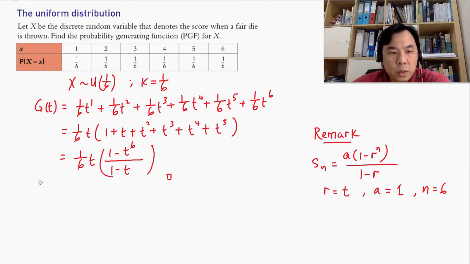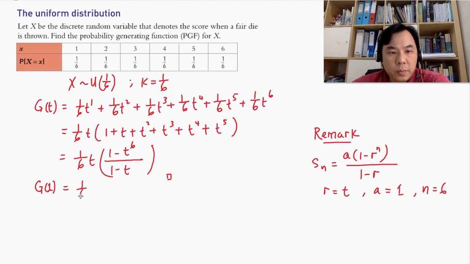One way to check is by using one of the properties of probability distribution. Here we're going to work out our G(1) by inputting the value t equal to 1 into our probability generating function.